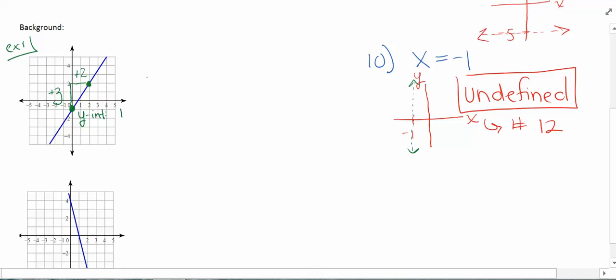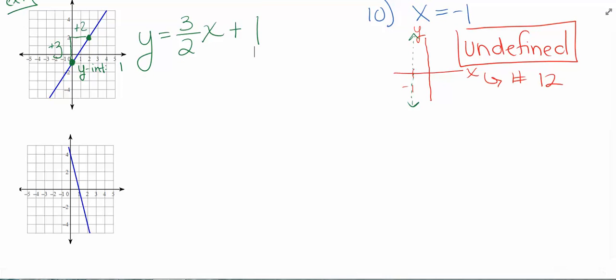So if we were writing our equation, it'd be y equals up 3 over 2, that tells us how steep our line is, our slope, times x, plus our y-intercept, or our starting point on our y-axis of +1.